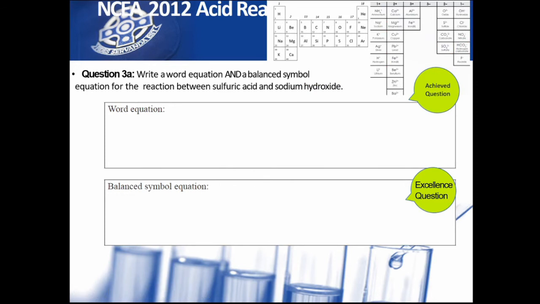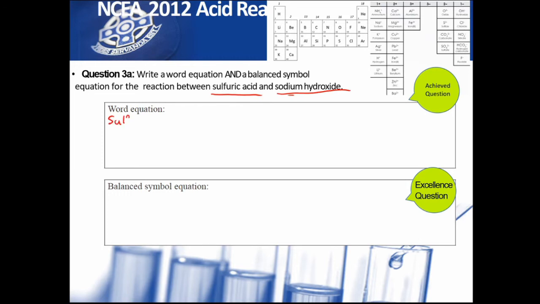Okay, write the word equation and a balanced symbol equation for the reaction between sulfuric acid and sodium hydroxide. Oh, this is so easy. Okay, so let's write the word equation first.